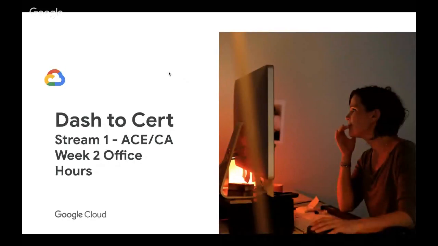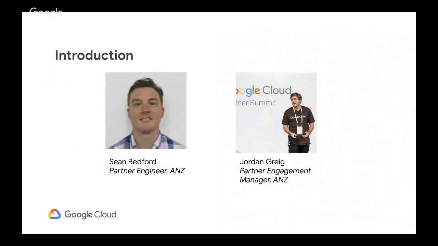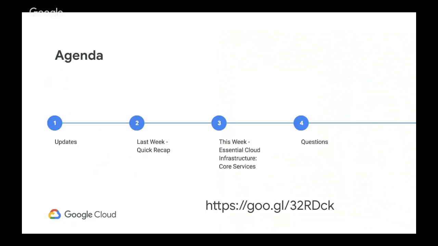G'day everyone. Welcome to week 2 of the Dash to Cert office hours for the Associate Cloud Engineer and the Cloud Architect Professional exams. As usual, you've got myself, Jordan Gregg, and Sean Bedford to run through today's office hours, doing a bit of a recap of last week, a few updates of the program and how we should be tracking.